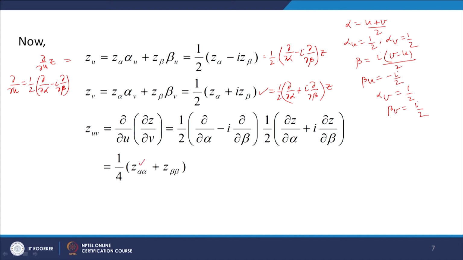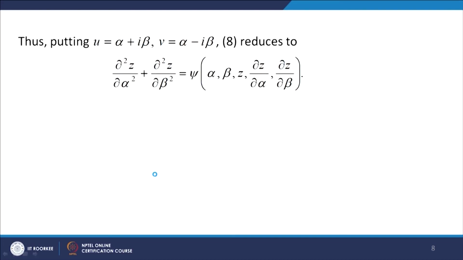Then delta over delta alpha applied to i delta z over delta beta gives you i times z alpha beta. And then minus i delta over delta beta applied to this gives you minus i times z alpha beta, and then you get minus i square, which is minus 1. So, minus i square becomes plus 1, and then we get z beta beta.